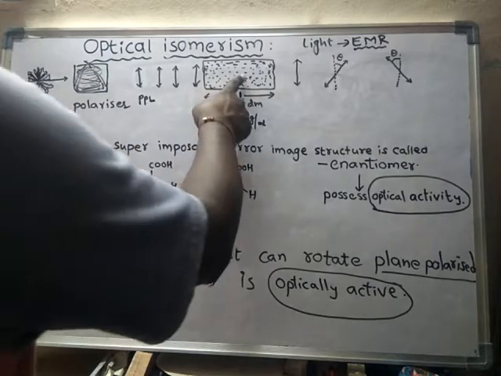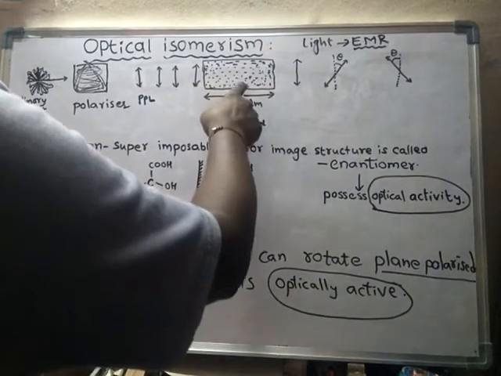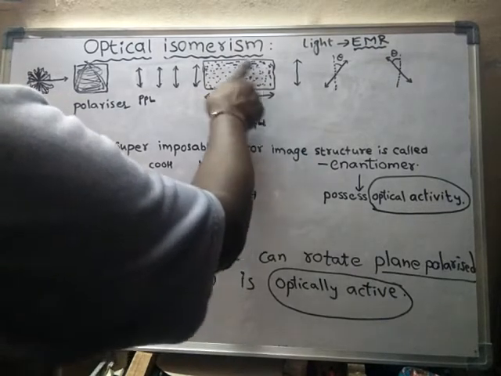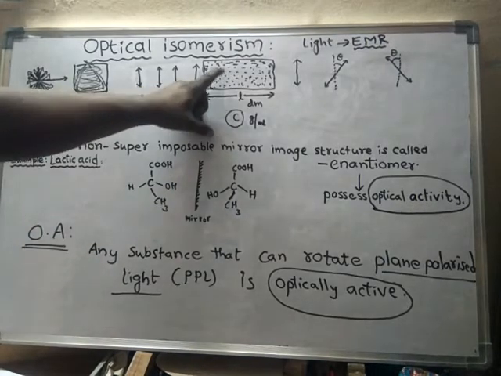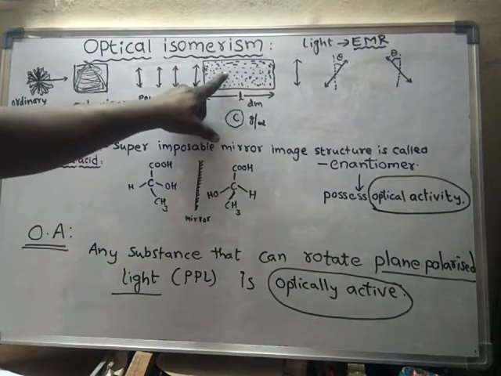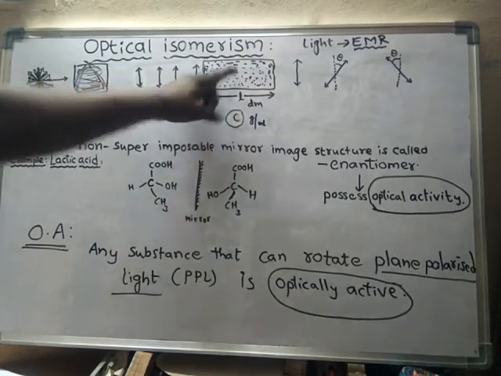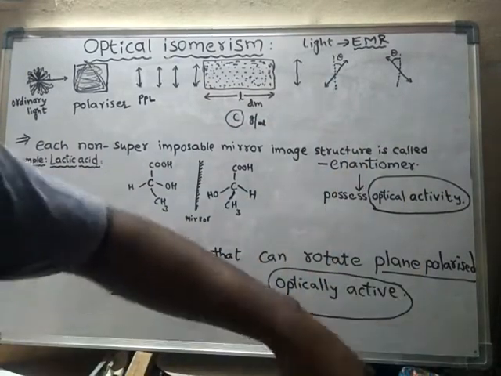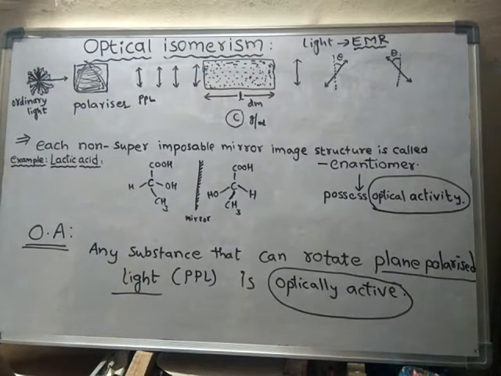If the light is not affected by this compound, then this compound is said to be optically inactive. That means it is unable to rotate the plane polarized light. Suppose this compound is able to rotate the plane polarized light by a certain angle, either clockwise or anti-clockwise, then that compound is said to be optically active.